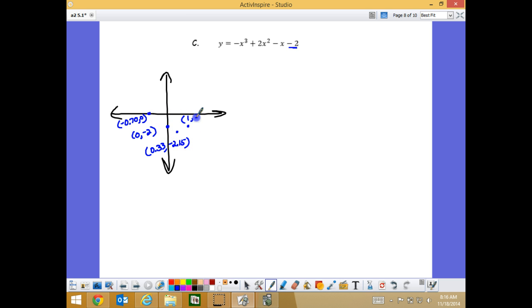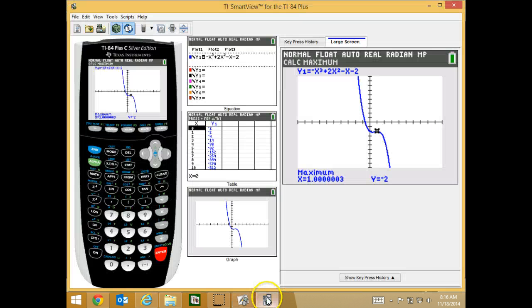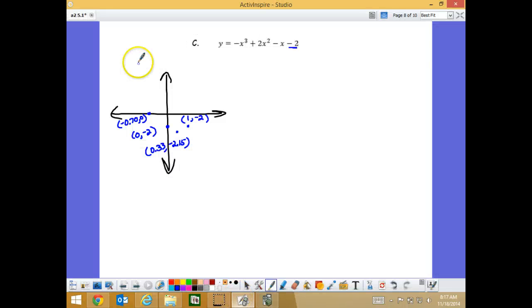So that's the point 1, -2. And that is our last point of interest. There are no other x or y intercepts, no other mins or maxes. So I'm just going to sketch it in this graph. So we've got all those points labeled.